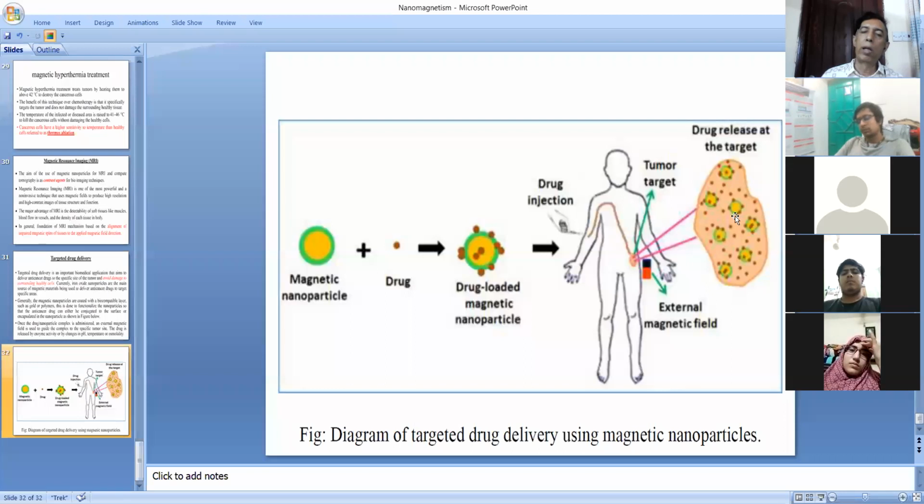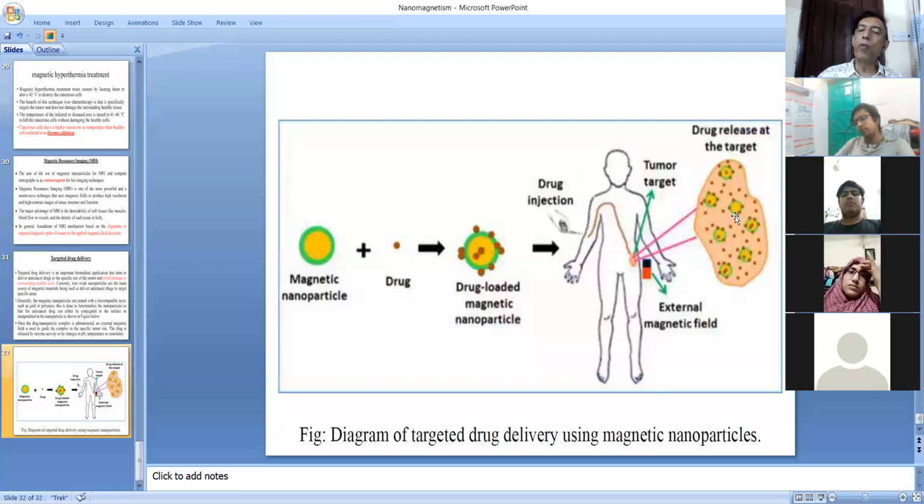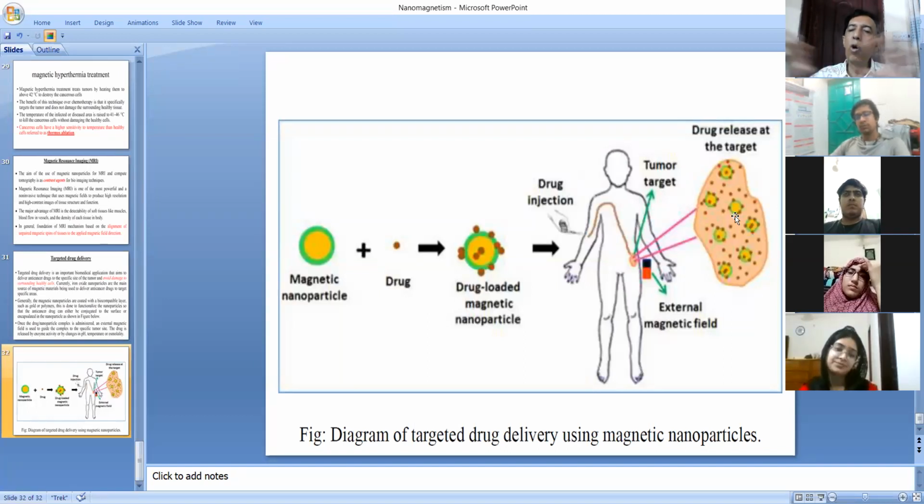So if we take paracetamol or any medicine, it will go to our stomach and it will mix with our water, and it will go to all of my cells.